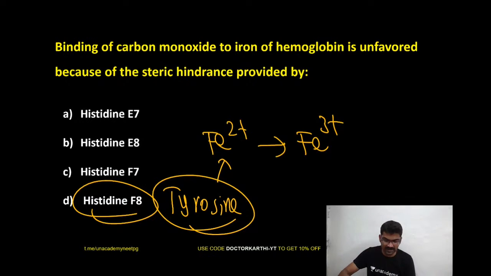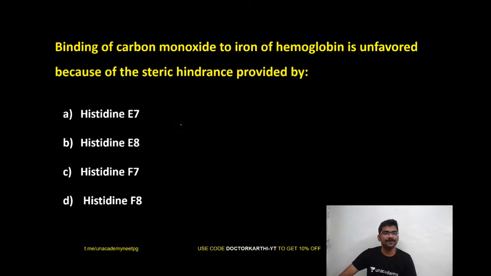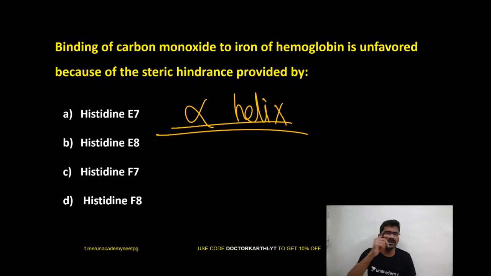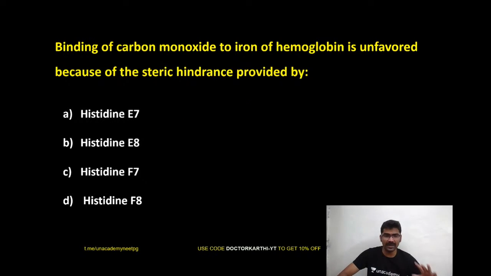Okay, Prashant is asking what is F8. See here in the hemoglobin, you have helices. In the alpha and beta chains you have helices. The difference between alpha and beta is that one helix is less. Don't worry, no need to go very deep into this. But let me tell you, as you have asked, what are this E, F and all?